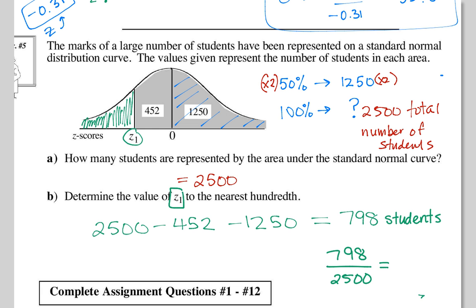Find this ratio, and that's the percent that you're looking for. 798 out of 2,500, 0.3192. You have to look in the chart for that guy. So now I'm looking for 0.3192. Oh, that one showed up perfectly, right? Negative 0.47. Good.